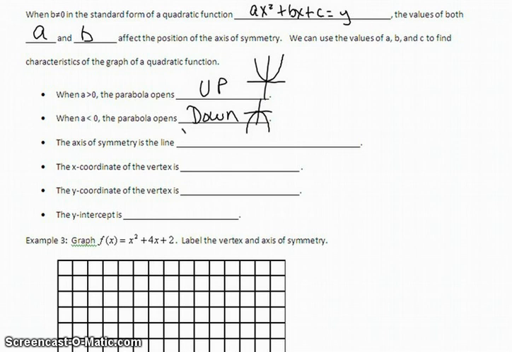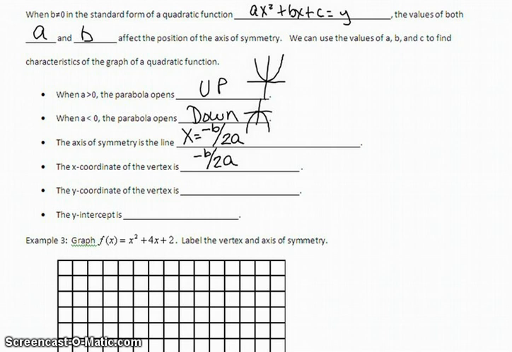Now, the axis of symmetry, we can use the values of a and b to determine that. The value is x equals -b over 2a. So we substitute in the values of a and b, and we can determine where that axis of symmetry is. The x-coordinate of the vertex is the same as my axis of symmetry, so negative b over 2a.